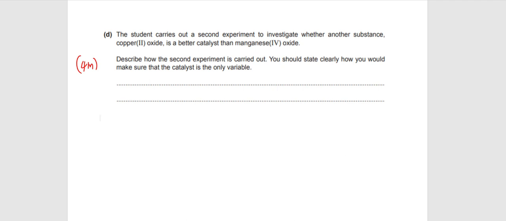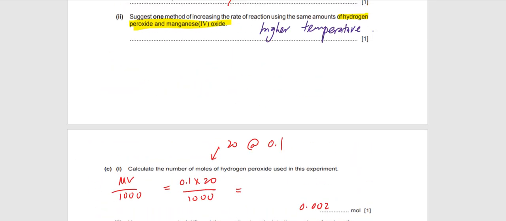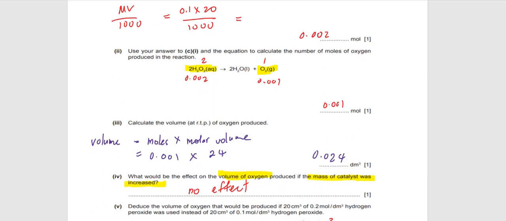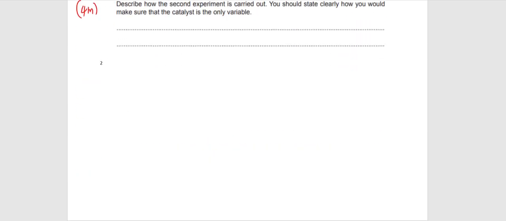So what you need to do is make sure you have the same amount of hydrogen peroxide, and the mass is also 1.0 gram. So you need to state clearly that you have 20 cm³ of hydrogen peroxide and it's also 0.1 mole per dm³.